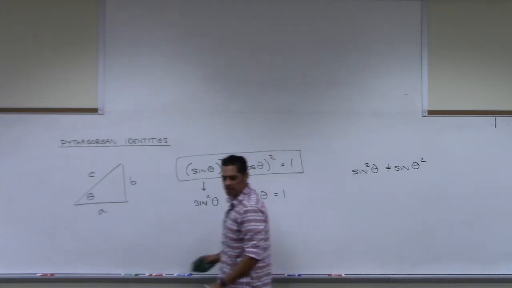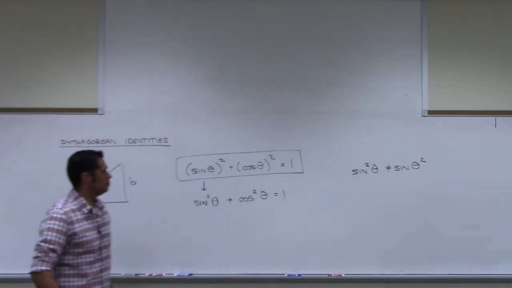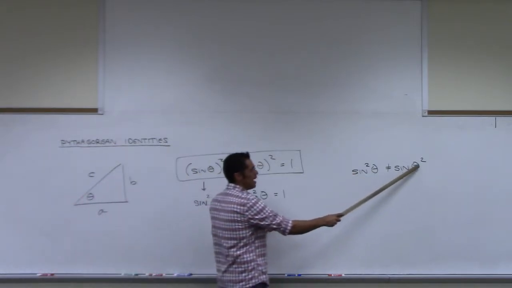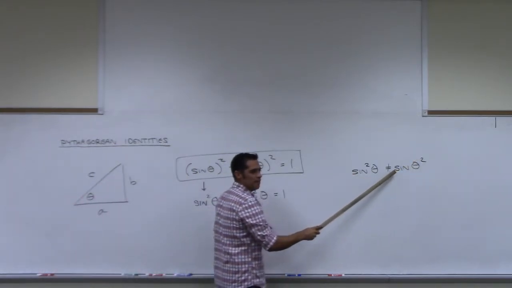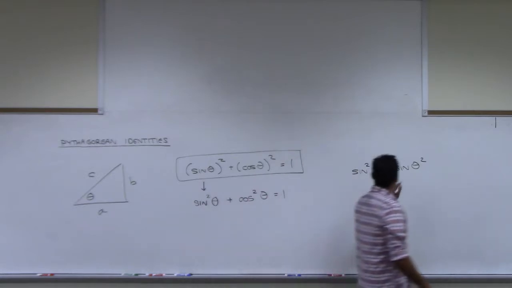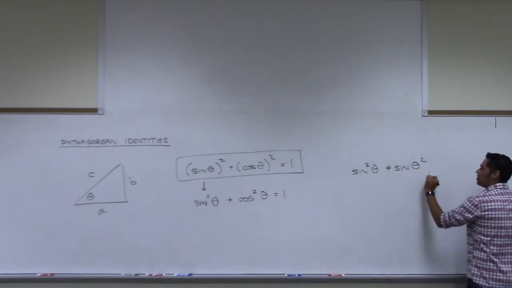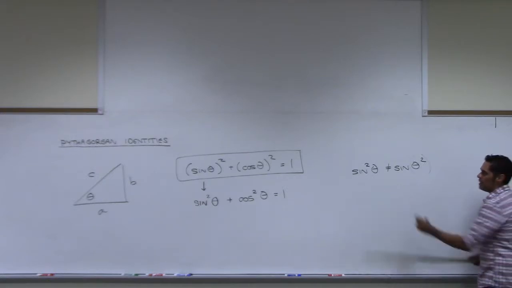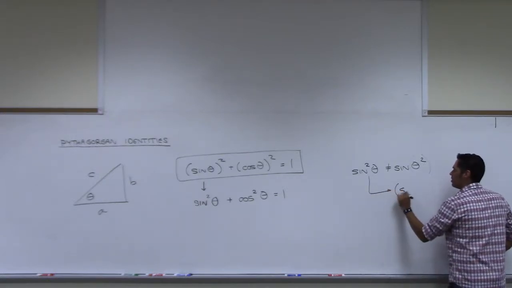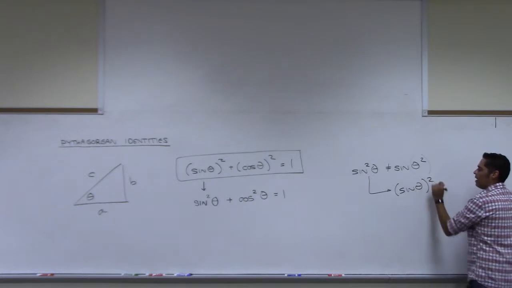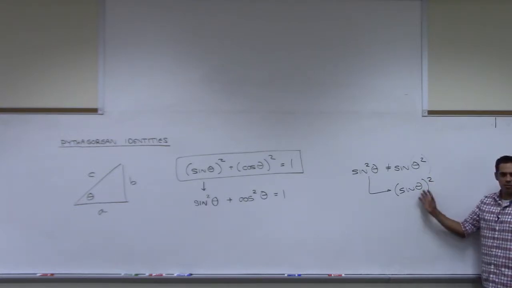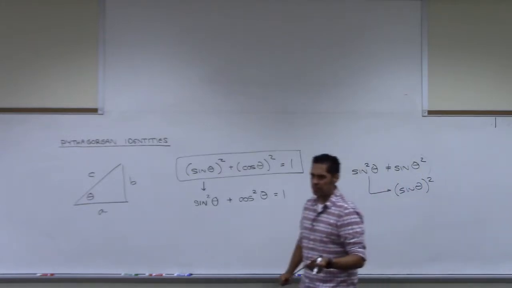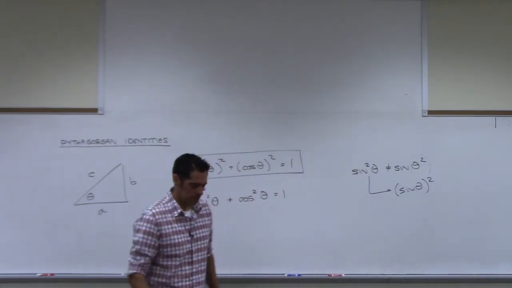What do you think the difference is between those two? That's right. This means square the angle and then figure out what sine is. If you write it this way, there's really like a parentheses right there around the sine, and then you square. So it changes the order of operations. Make sense?